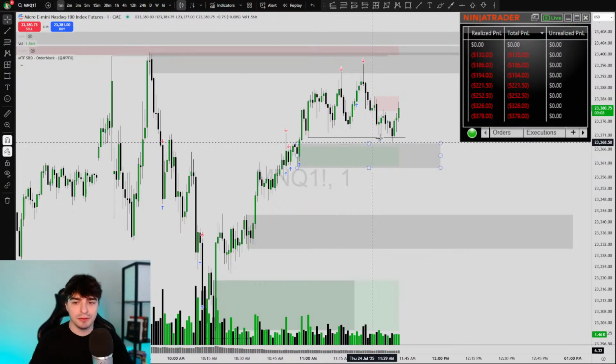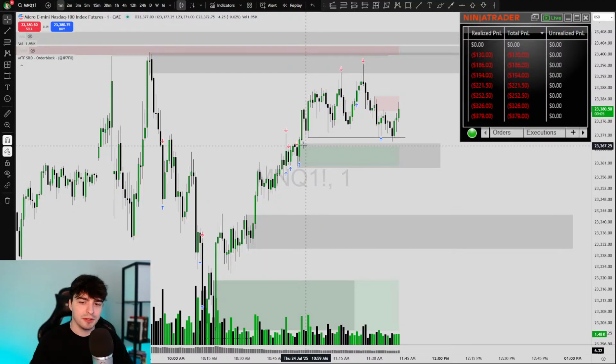Instead of entering the zones, it'll just sweep the lows below before the zone and then just go onwards.